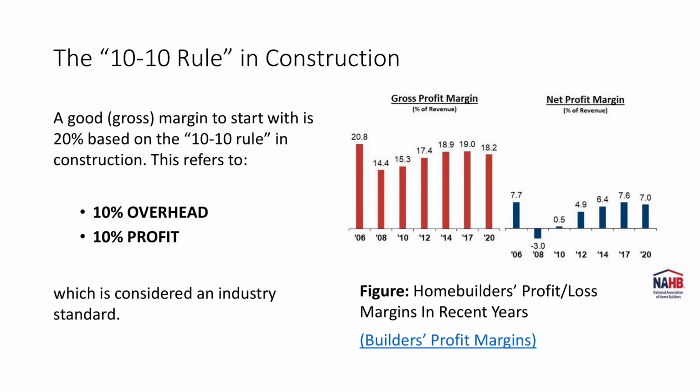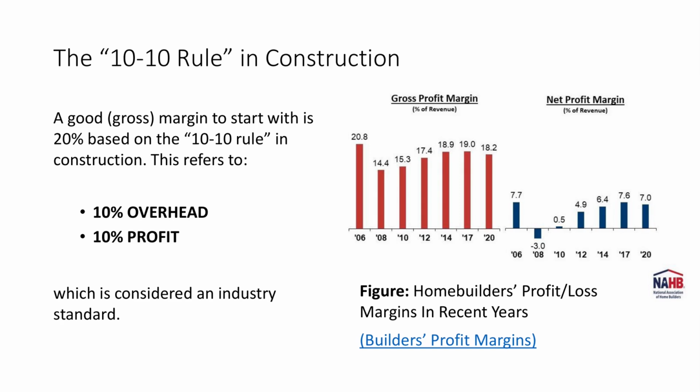And depending on the market over time, these numbers change. For instance, in these graphs, you see the years from 2006 to 2020. You see in 2008, where you had a recession, there was a loss in profit.